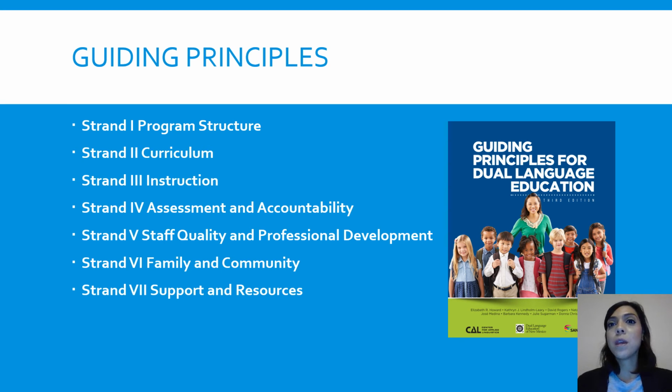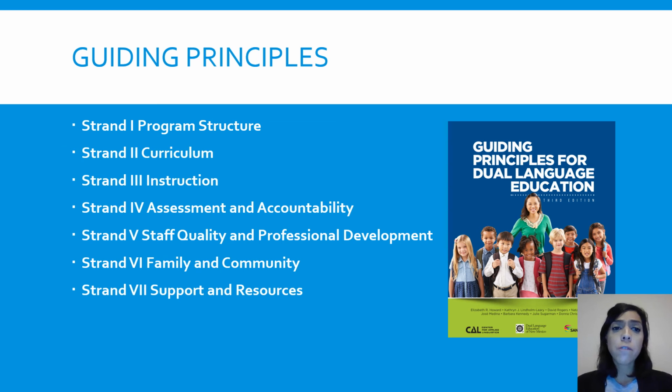How are we going to be giving out that instruction in a dual language classroom? When we talked about strand 4, assessment and accountability, we need to keep a consistent assessment to see the progress of our students. And if it's not consistent, then we're not being held accountable. So they go hand in hand.